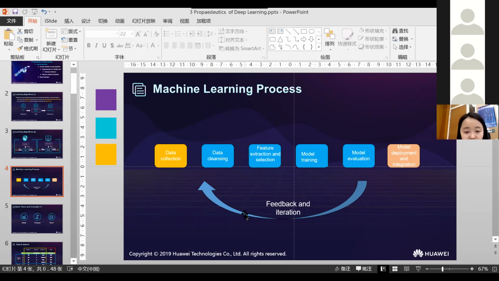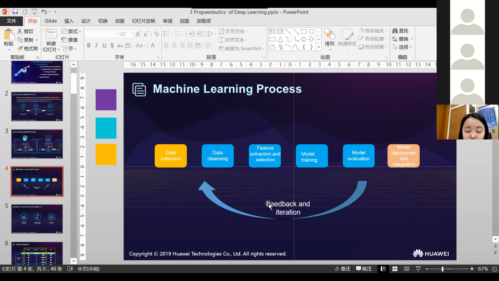Then we need feature extraction to check which feature is important and which is not that important, and we need to check the correlation between features. We may need to select features and extract features to convert maybe 10 features into 3 features using some feature extraction methods or algorithms like PCA or other algorithms.